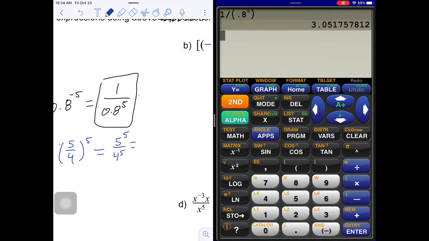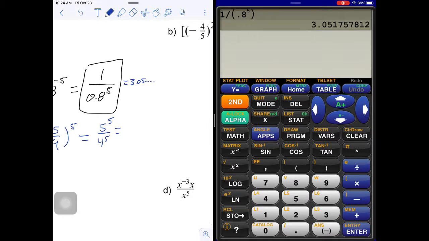So that gives me a number of 3.05... Okay, so an irrational number. Actually, that wouldn't be an irrational number. There is a pattern going on there. Anyways, here let's do 5 to the power of 5. That gives me 3,125. And let's do 4 to the power of 5.